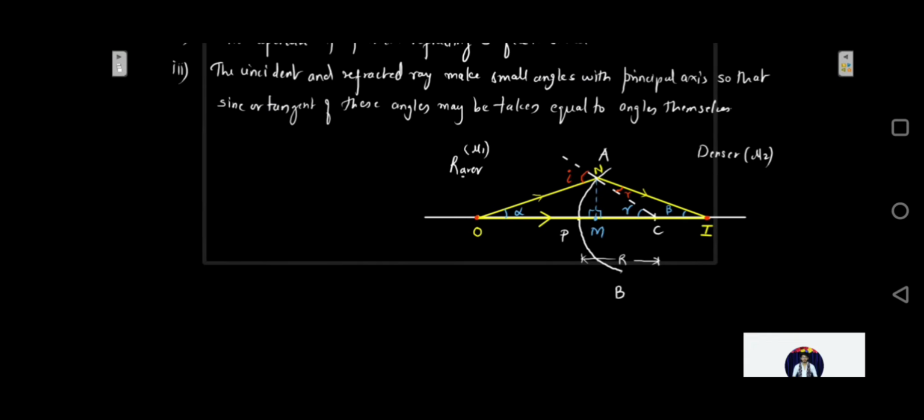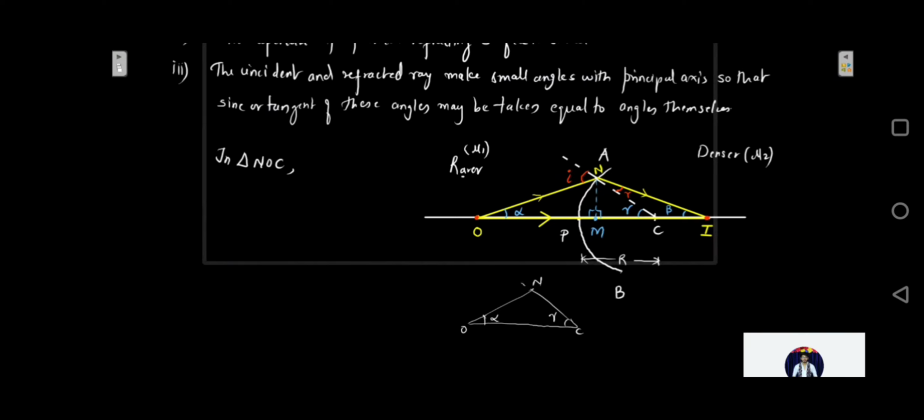So now I will consider triangle NOC. If you see, this is the triangle over here. This is O, this is N, this is C. The angle at C is gamma. This angle over here is alpha.